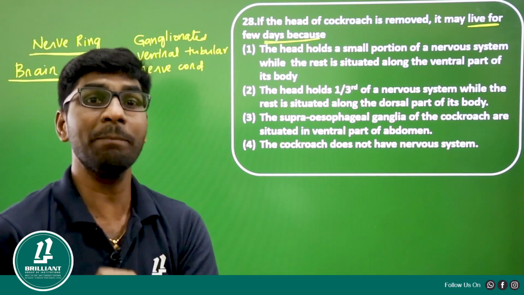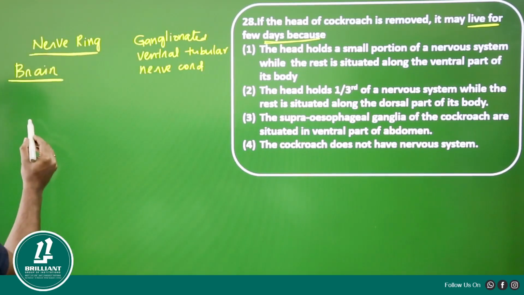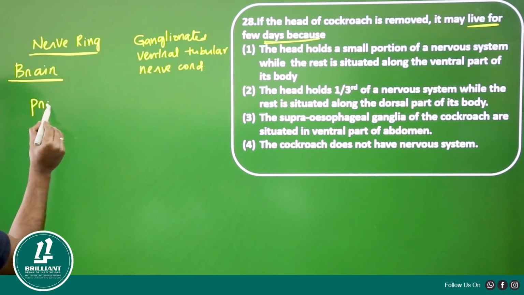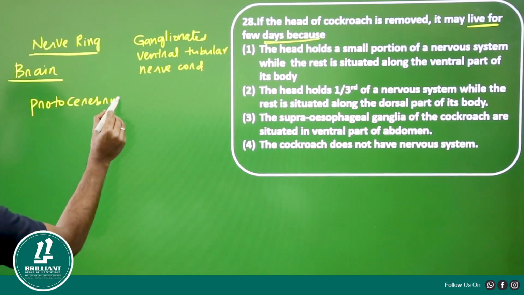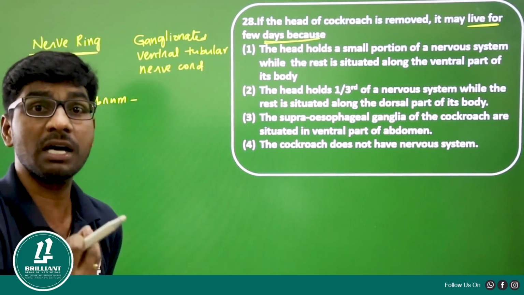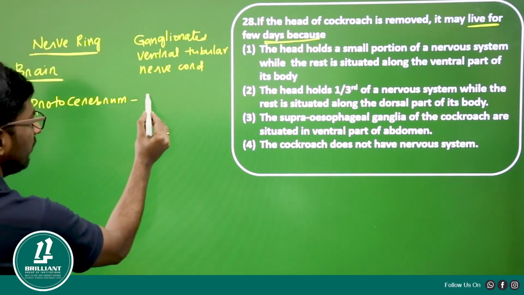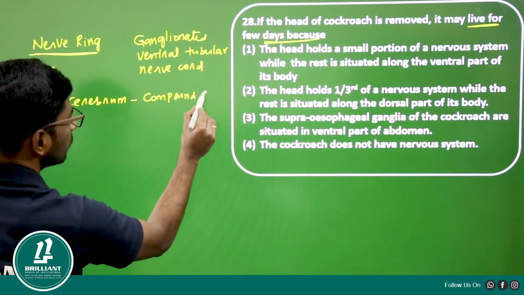Brain has 3 parts, 3 lobes in cockroach. First lobe is known as protocerebrum. So protocerebrum receives sensory impulse from the compound eye, right?